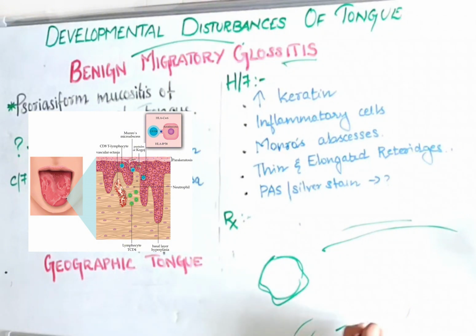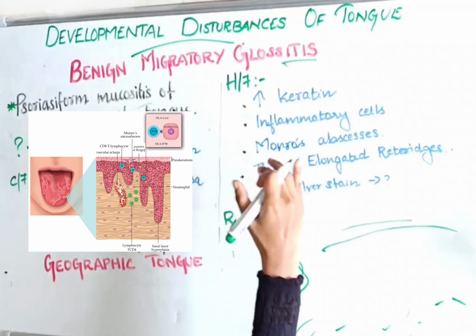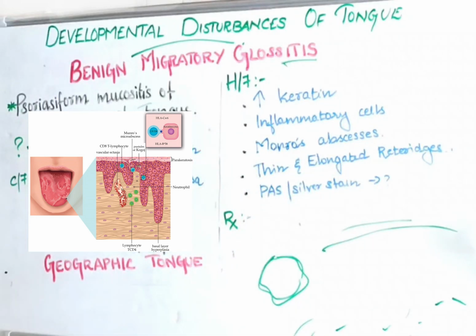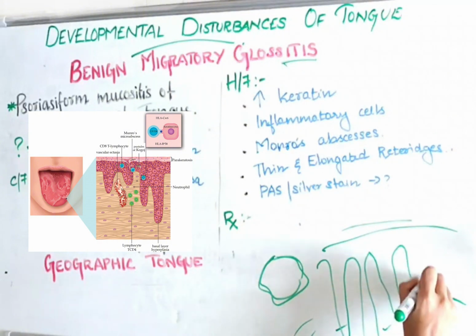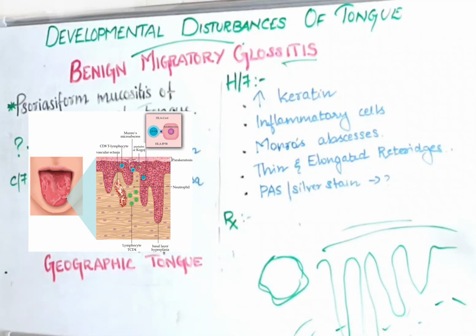Next, there will be many inflammatory cell infiltrations. The neutrophils are also high in number and they can form groups, they form abscesses, which we call Munro's abscesses. And the rete ridges are thin and elongated.